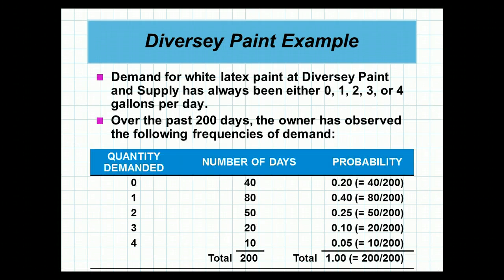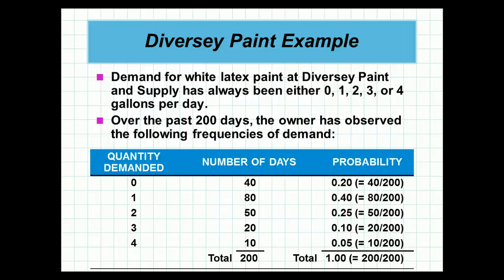So we have an example in our textbook that talks about the demand for white latex paint at a paint company. The demand for this paint has always been either 0, 1, 2, 3, or 4 gallons per day.